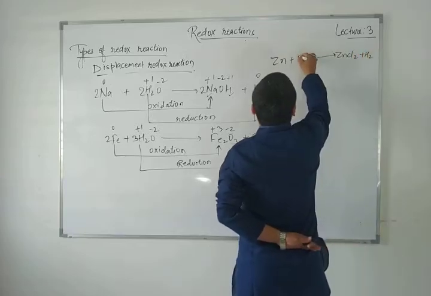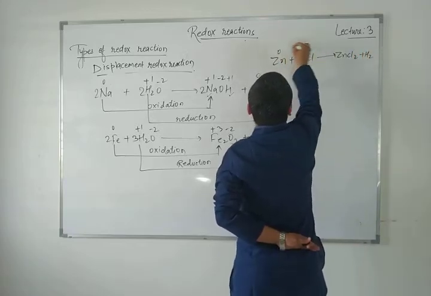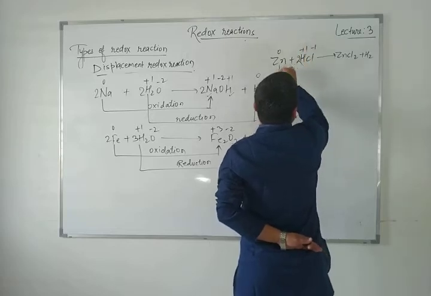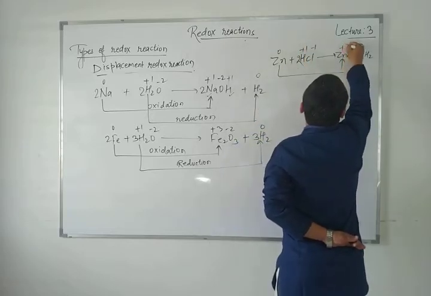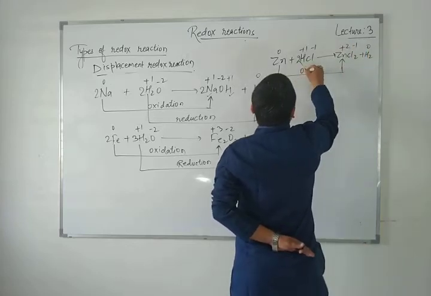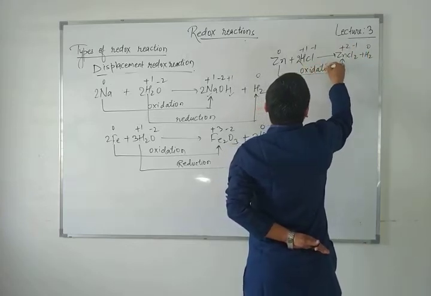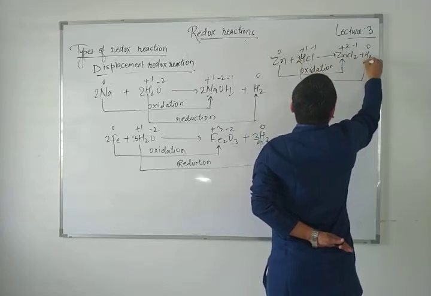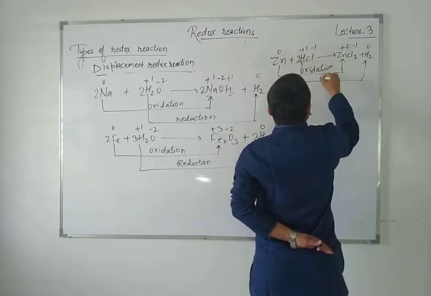Here zinc is 0, hydrogen +1, chlorine -1. Zinc +2, chlorine -1, and this is 0. So zinc has been oxidized and hydrogen has been reduced. So we can say this reaction is a redox reaction.